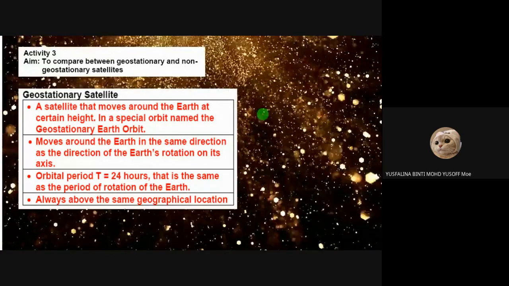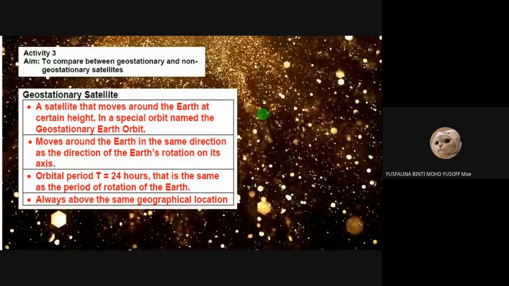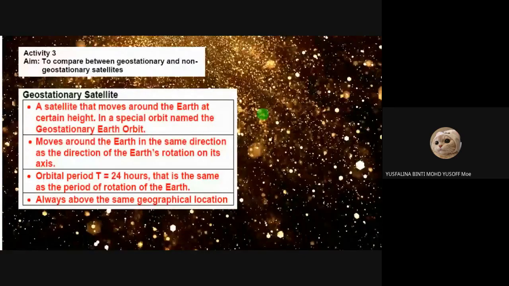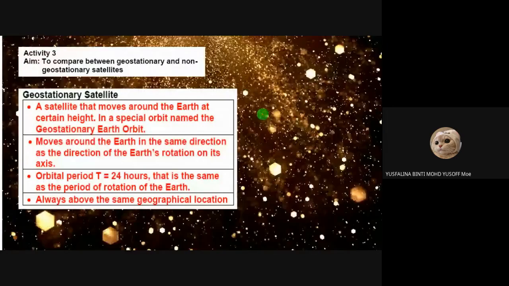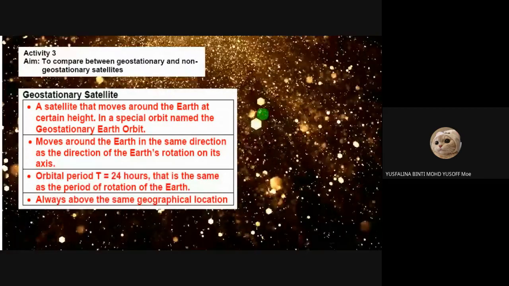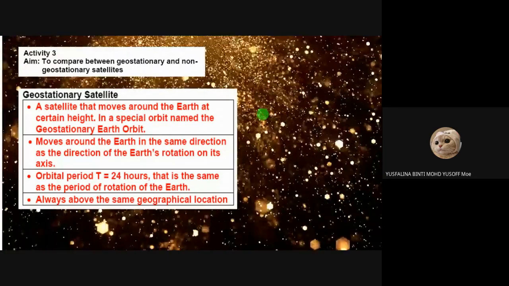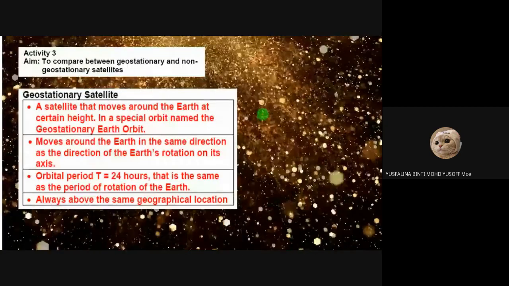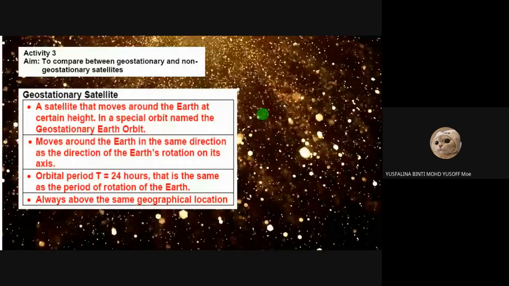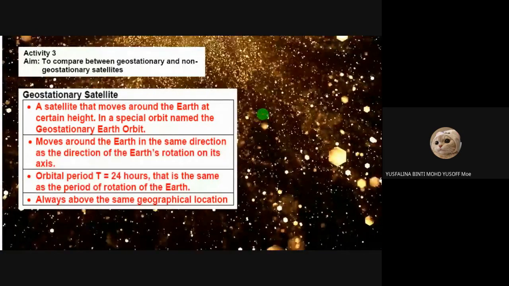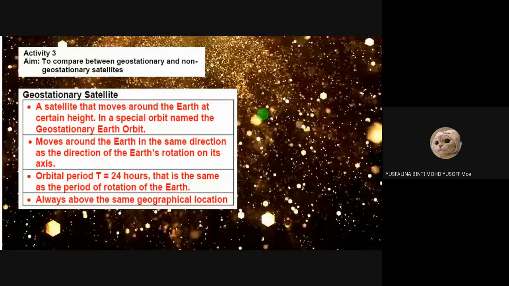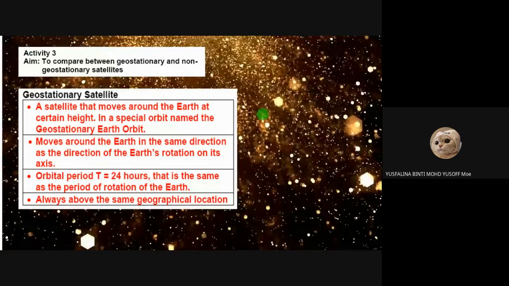And then for the second one, it moves around the Earth in the same direction as the direction of the Earth rotation on its axis. So let's say the rotation of the Earth axis is clockwise. So it will move the same way as the Earth. So it also will move clockwise. And the third one, the orbital period T is equal to 24 hours.